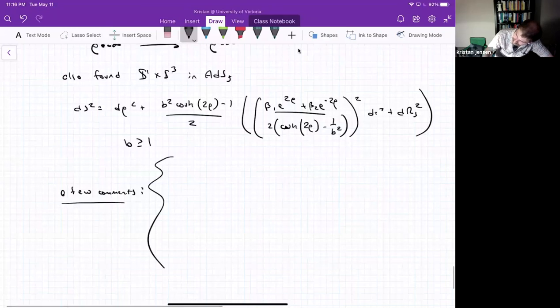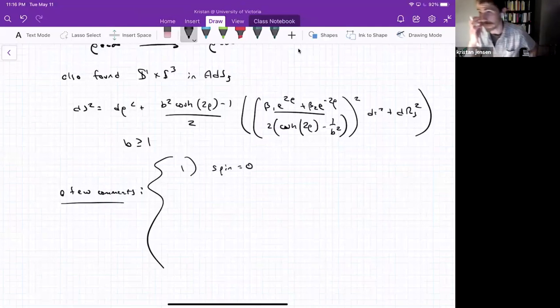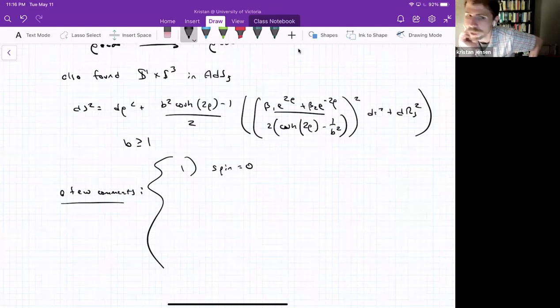One is that all the ones I'm writing down are really at spin equals 0. We're used to black holes that rotate versus black holes that are non-rotating. These are the non-rotating versions of wormholes. There are also rotating versions that we know much less about.